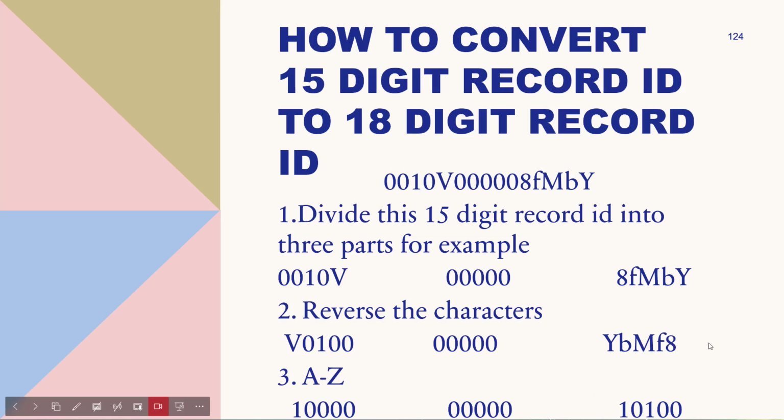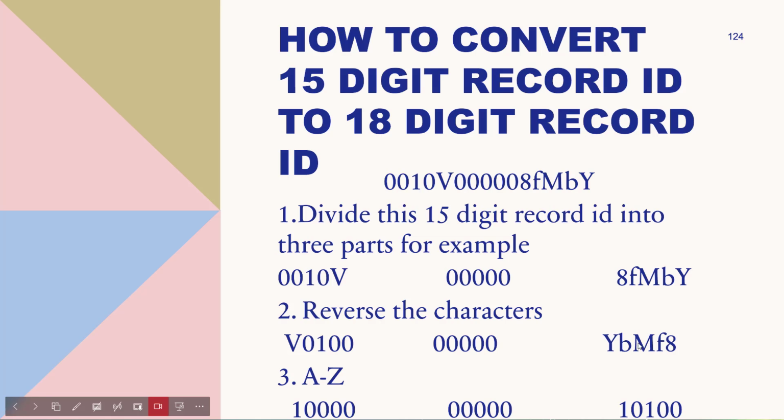That's why we give 00000 for the second part, and then we move to our third part. Our first letter is Y, which is capital, so we take it as 1, and the next letter is B, which is a small letter, so we take it as 0.